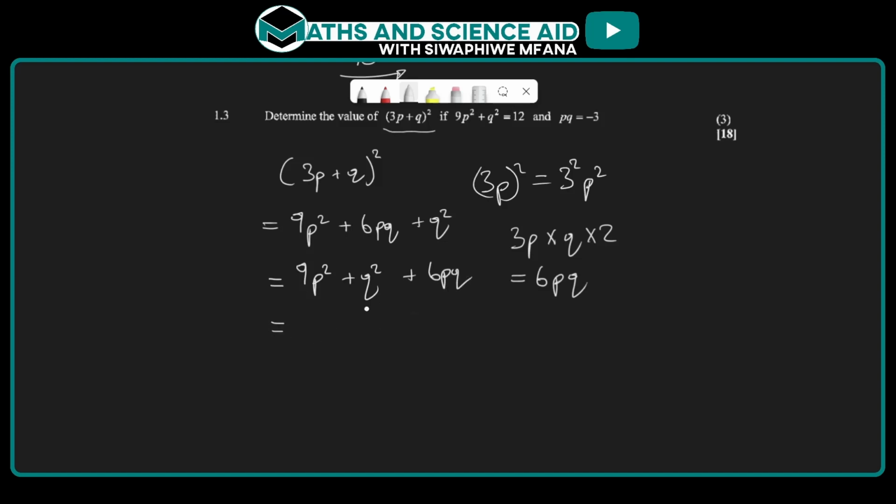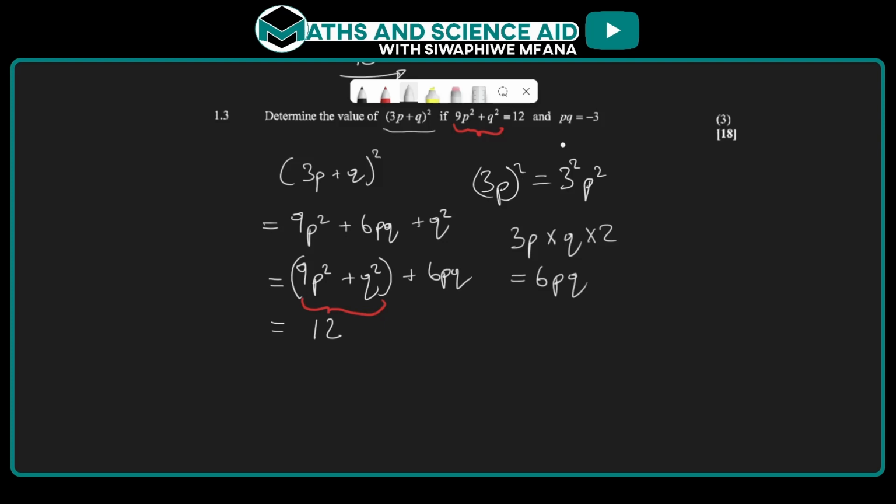Okay. And so now you will recognize that we have here 9p squared plus q squared, which we were told in the statement that it is equal to 12. So this means that these two terms here, we can replace them with 12.